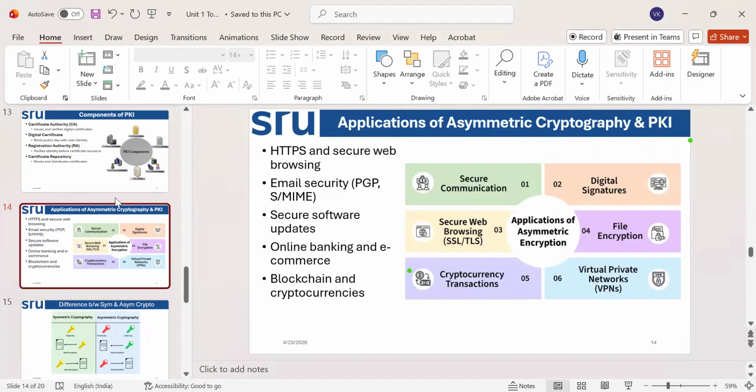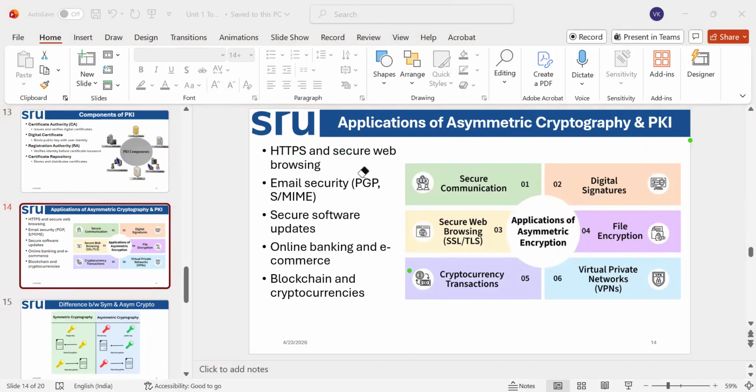Applications of asymmetric cryptography. After understanding the components and how it works, we have to understand the applications of asymmetric cryptography.